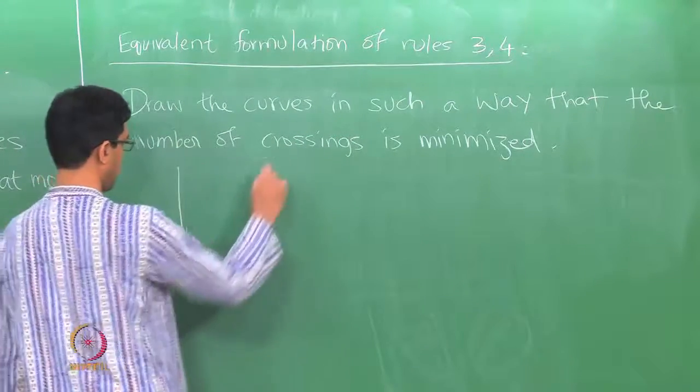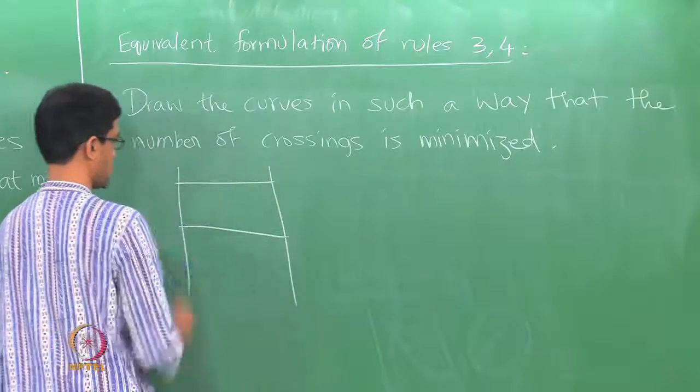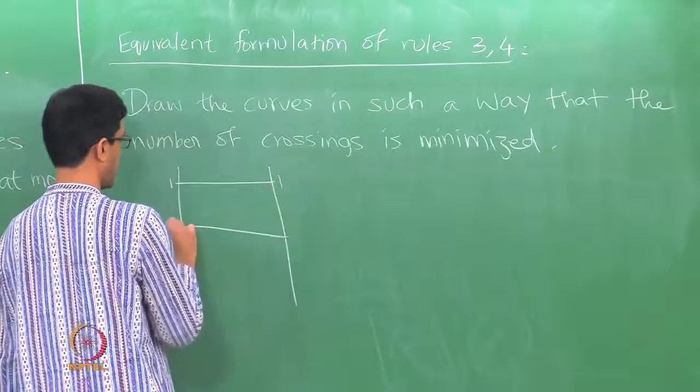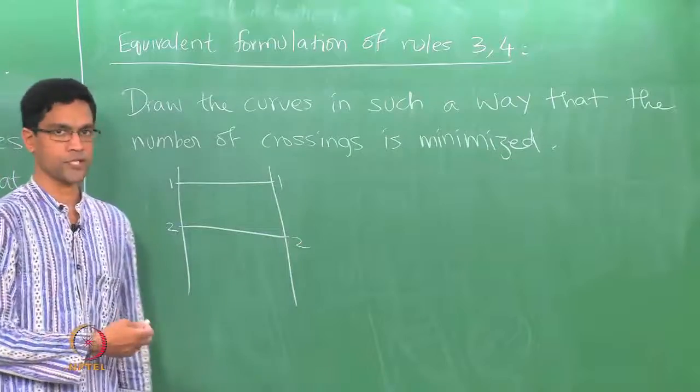So if you keep this in mind, then for instance the way to draw just this permutation, 1 going to 1, 2 going to 2, would be this, which produces no crossings at all.